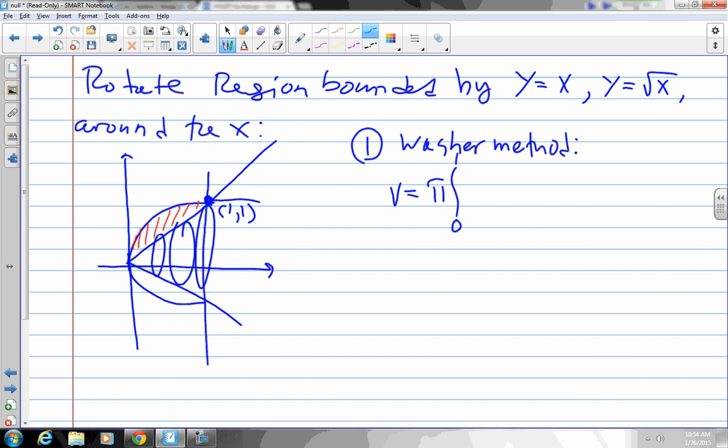And then it will be the upper function squared minus the lower function squared, right? So the upper function in this case is the square root, so it's the square root of x squared minus the lower function, which would be just x squared, dx.